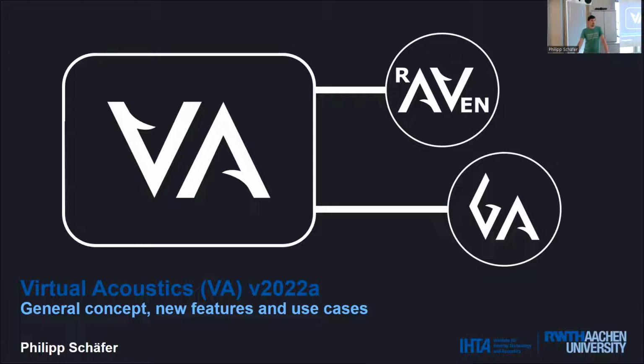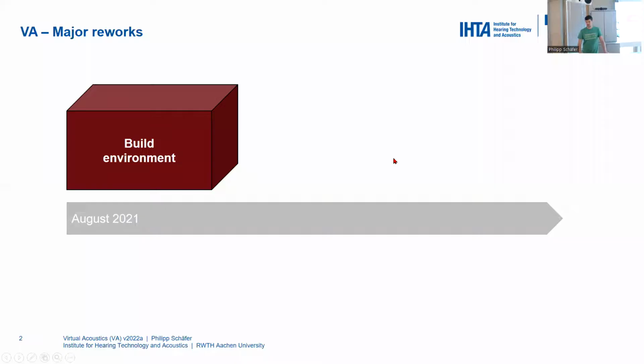So how can we apply virtual acoustics to virtual reality scenarios to actually show what VA is capable of, because many users just scratch the surface, so to say. So talking about new features, what were the recent developments? The developments during the last year.